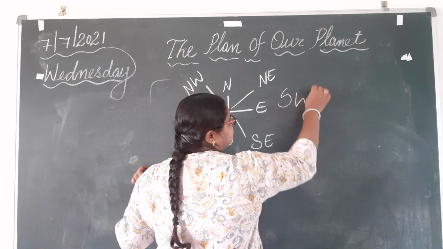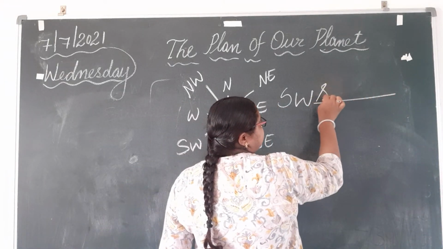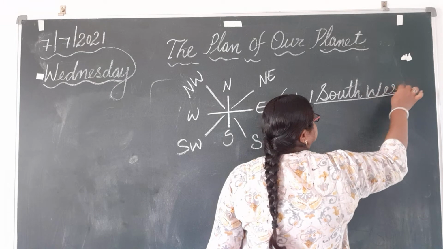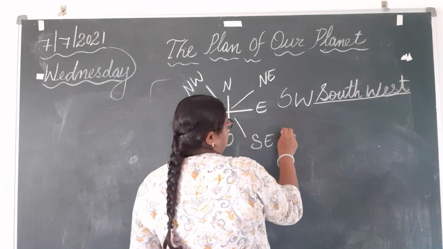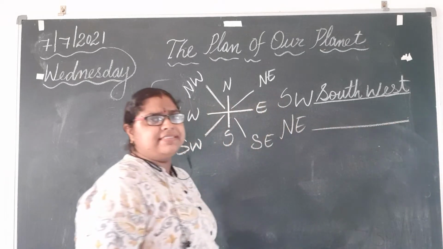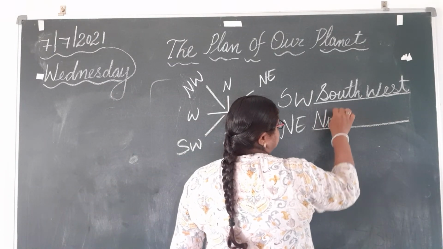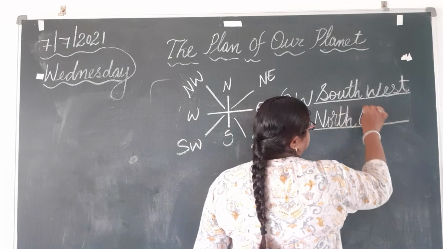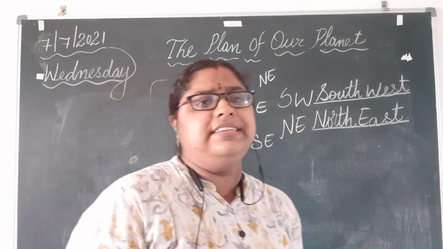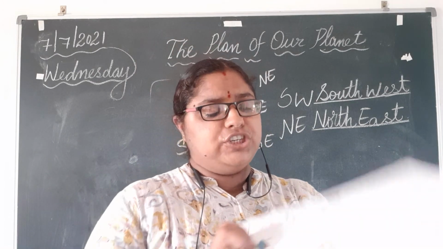SW represents southwest. Very good. And what does NE represent? NE represents northeast, and SW represents southwest. Now observe the picture here, all of you.